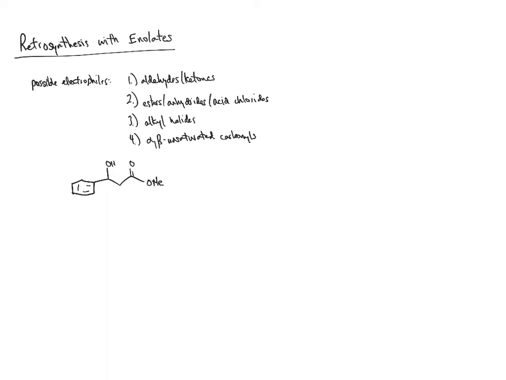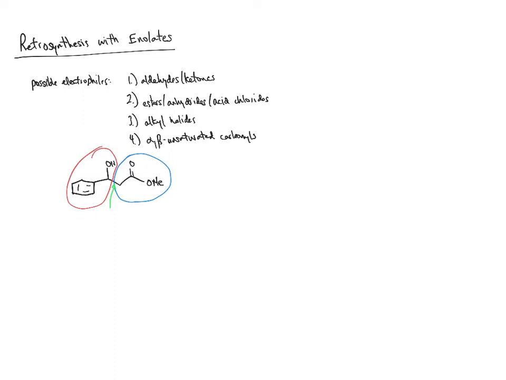So this means that this half right here is going to be our enolate half. And so we're making this carbon-carbon bond right there. That means that the other half is going to be our electrophile half. So we've got to stitch these two halves together via this carbon-carbon bond I show in green by some reaction.